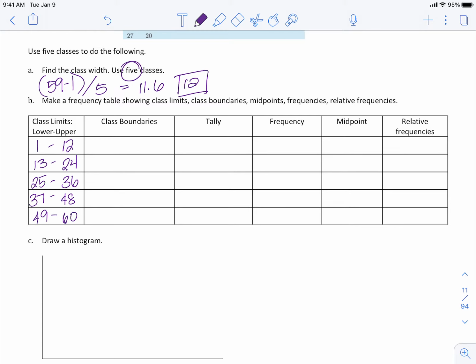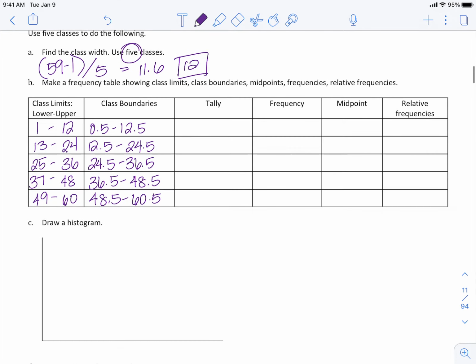For class boundaries, if you recall, we go 0.5 above and below. So this is 0.5 through 12.5, 12.5 through 24.5, 24.5 through 36.5, 36.5 through 48.5, 48.5 through 60.5.